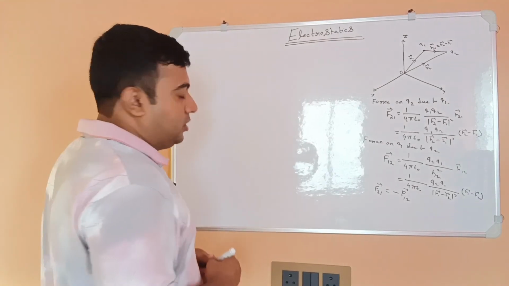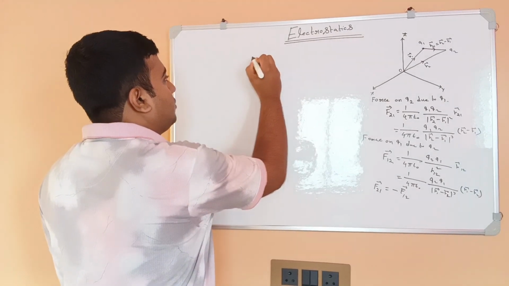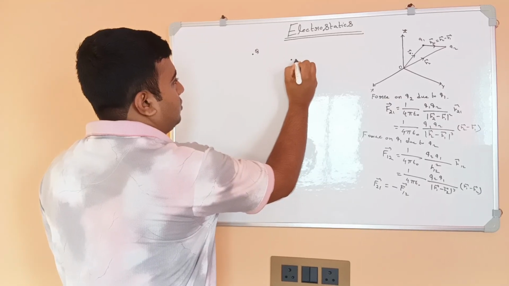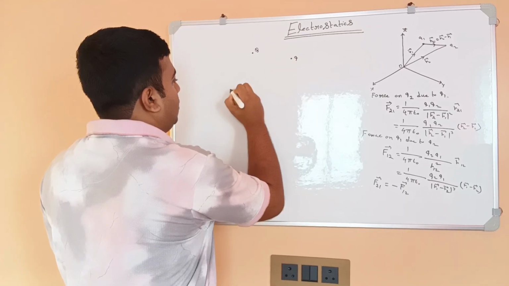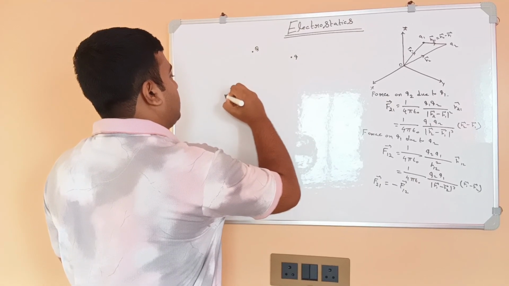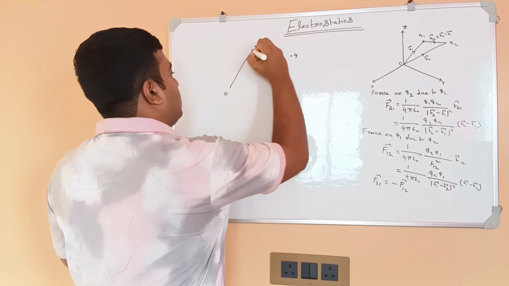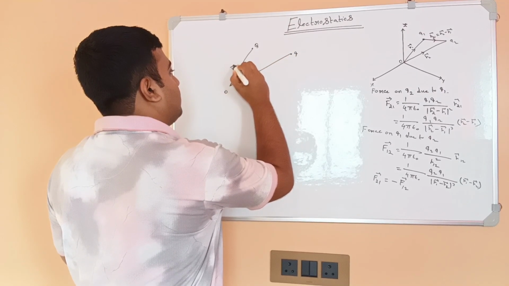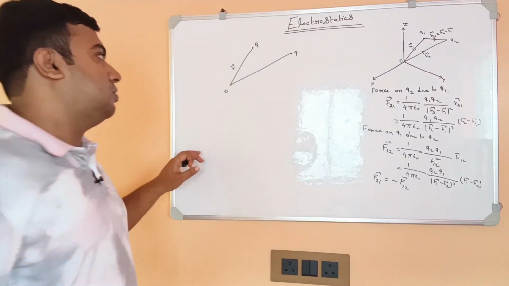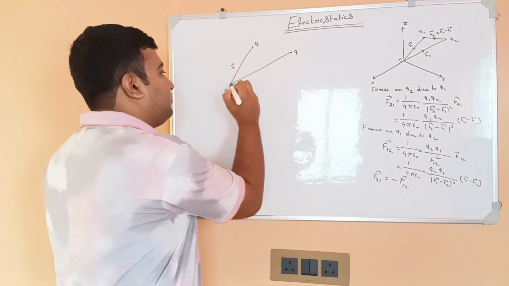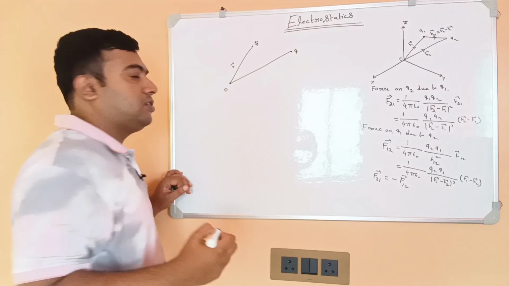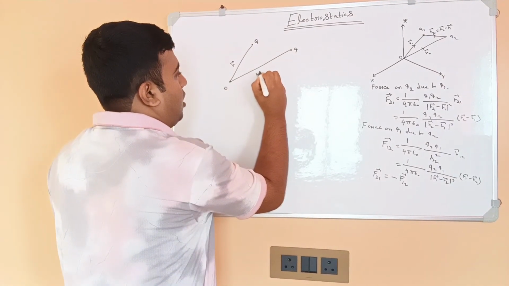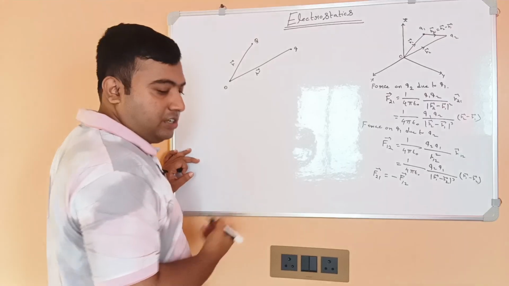Again, consider a charge capital Q and a test charge small q, and there is some origin O. This is the position vector of the charge capital Q, and this is the R prime vector, the position of the test charge.